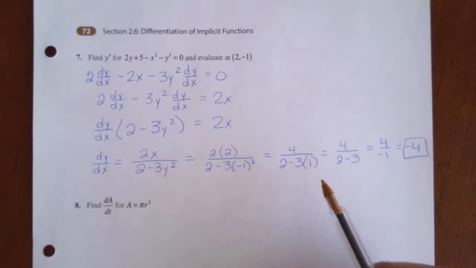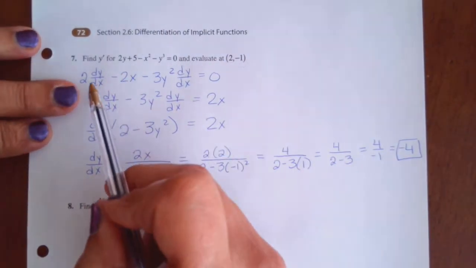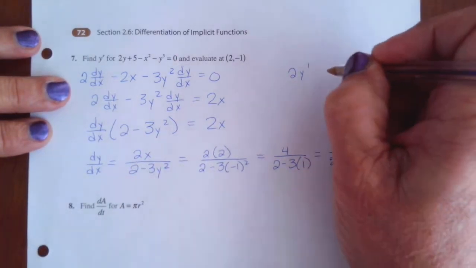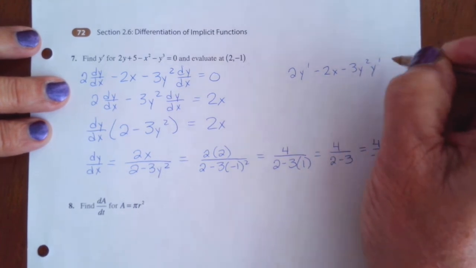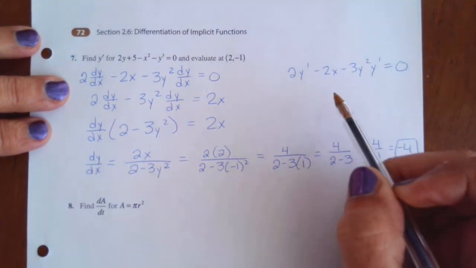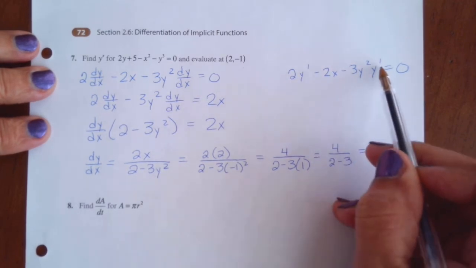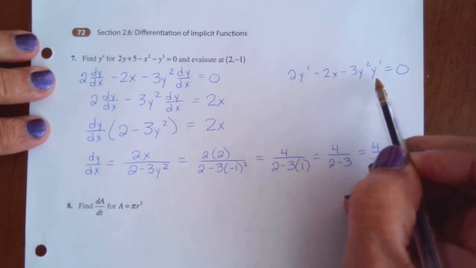Now, this is a good example to show you why I don't use y prime. If you want to use it, that's fine. But I'm going to write the same thing down, but instead of the dy/dx, you can do y prime. So that's what it would look like. I don't like doing this because a lot of times you either lose that prime sign or you do something silly like make that negative 3y cubed, right?